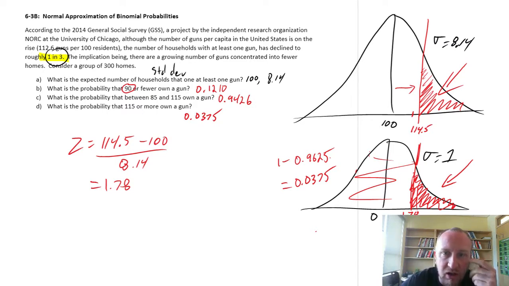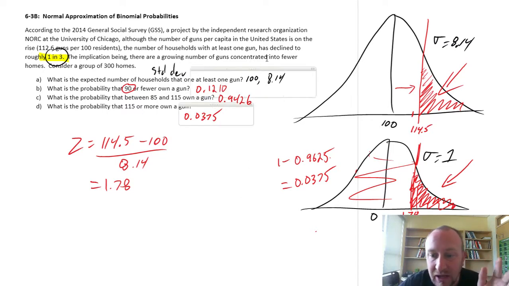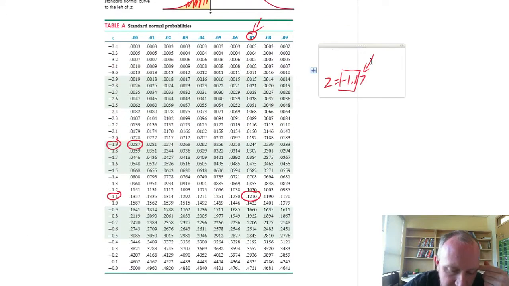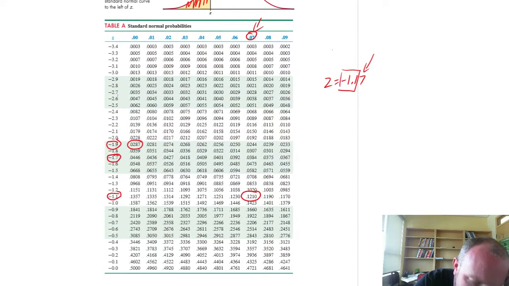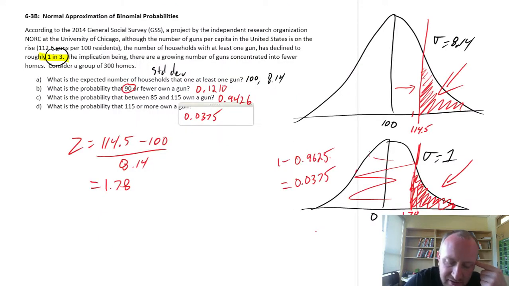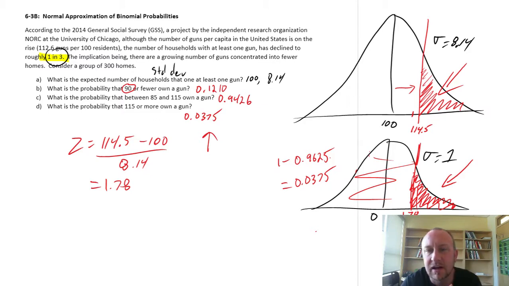Now, we can also look at this the other way using the symmetry of this distribution. If I look up negative 1.78, and where those come together, there we go, 0.0375. Exactly the same answer. So we can do this either way.